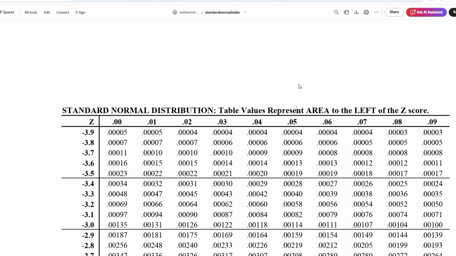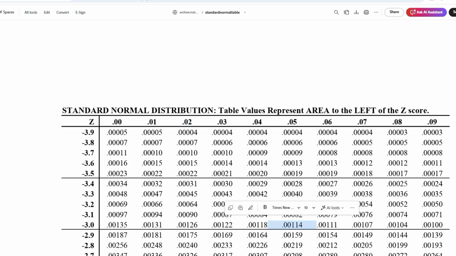This particular table doesn't give a graphical representation of what the areas represent, but it does tell the user that the table values represent areas to the left of the z-score. Many of you are probably familiar with interpreting these kinds of tables. Your students taking a statistics class for the first time, however, will not be, and this can be a source of confusion for them.